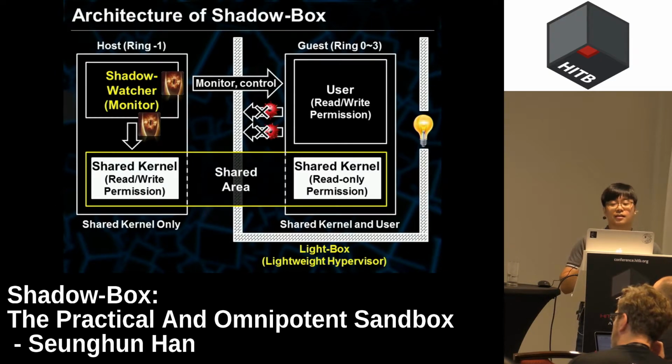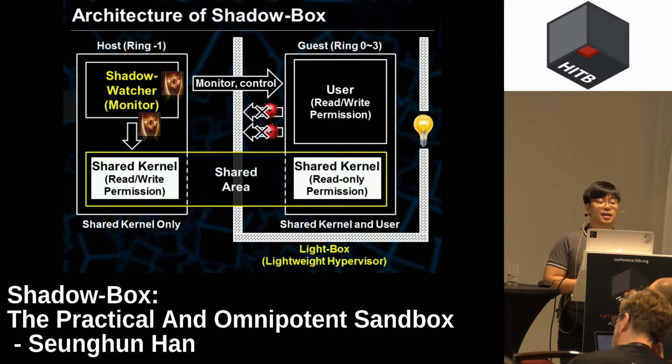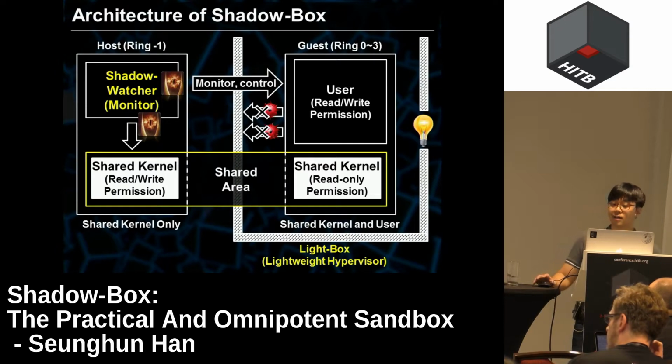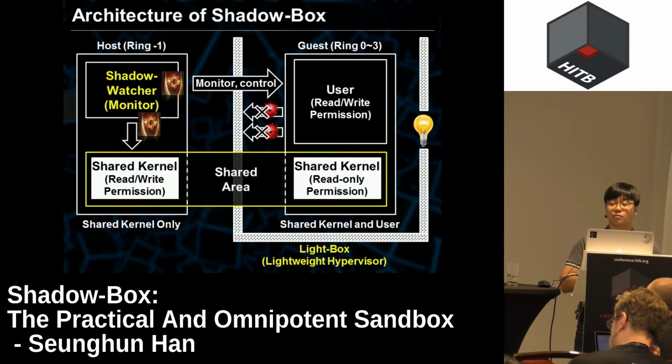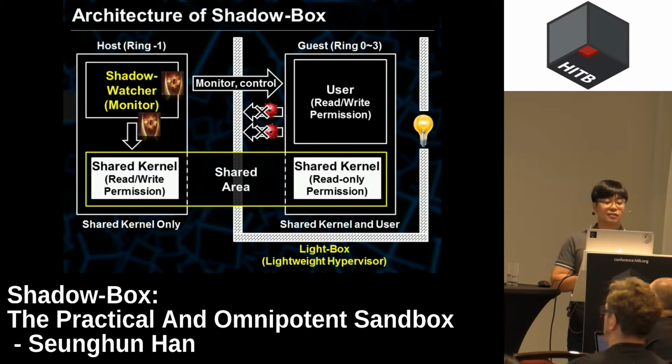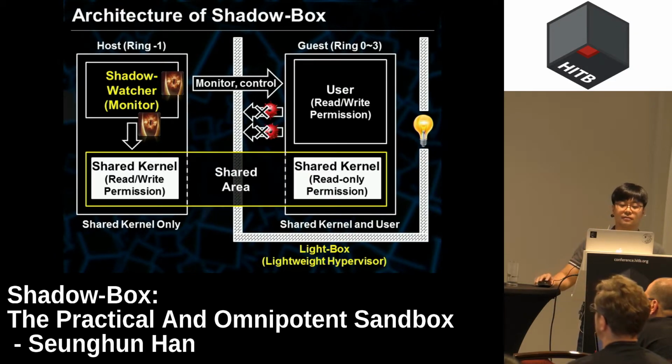This is a more detailed architecture of Shadowbox. LightBox, a lightweight hypervisor, creates a guest which runs the OS in it, and creates a host which shares the Linux kernel with the guest. Conceptually, LightBox sets read-only permission to most parts of the guest kernel and sets read-write permission to the host kernel.